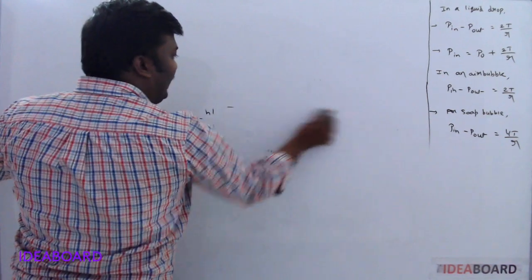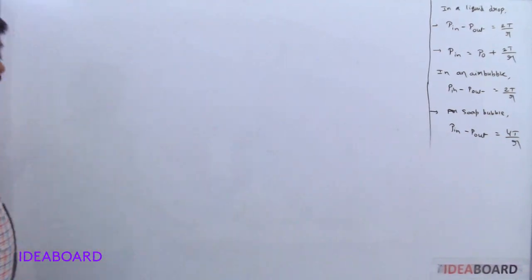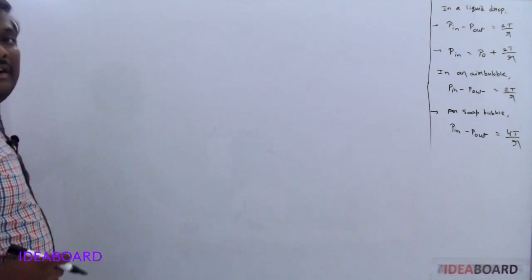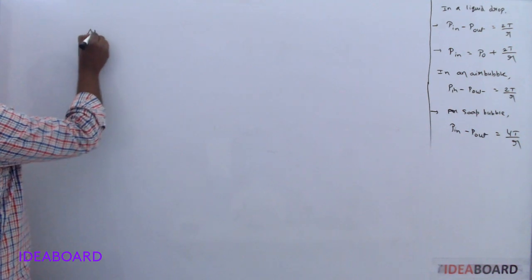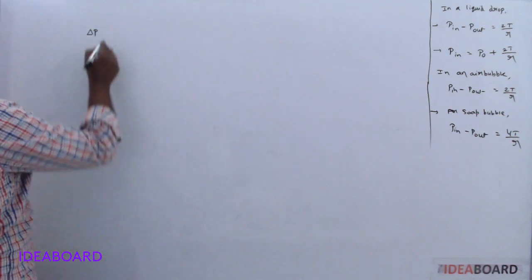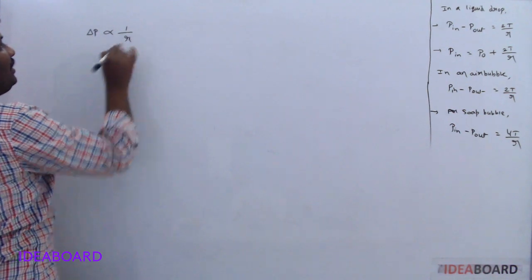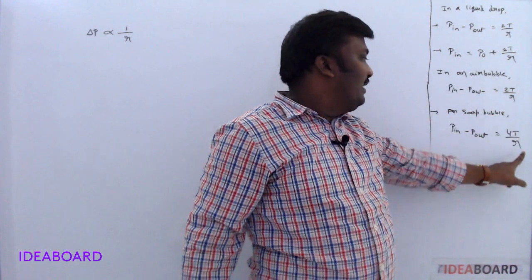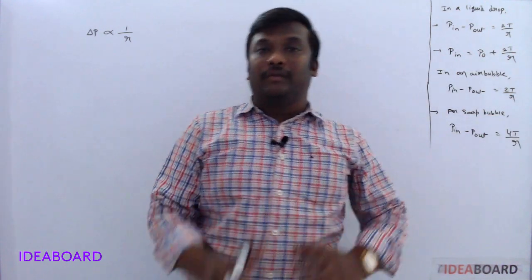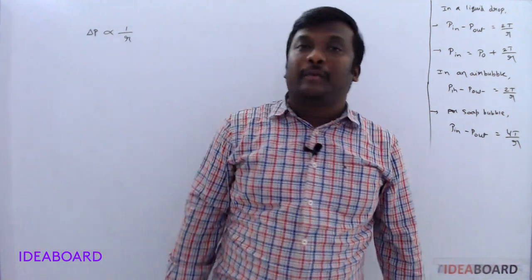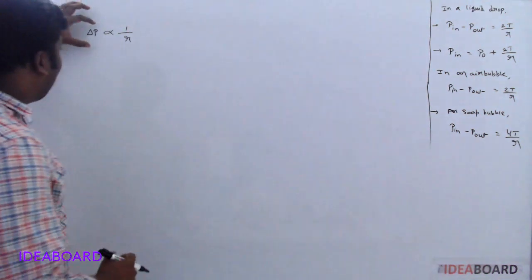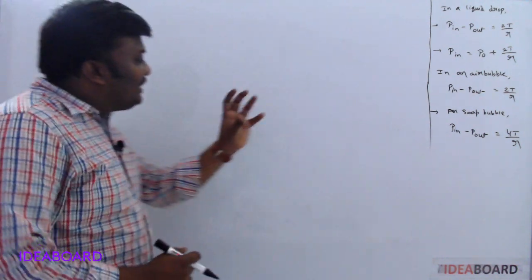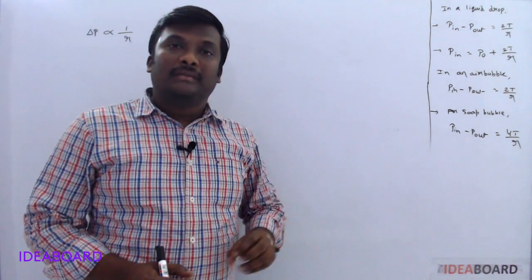Now let us see about another word. Sometimes the excess pressure is asked in terms of the surface area. Excess pressure, the change in pressure I wrote, is always inversely proportional to the radius. Whatever it may be, a soap bubble, liquid drop or air bubble, the excess pressure is always inversely proportional to the radius. Now, if the question asks excess pressure in terms of the surface area: what is the shape of the soap bubble, air bubble or liquid drop?